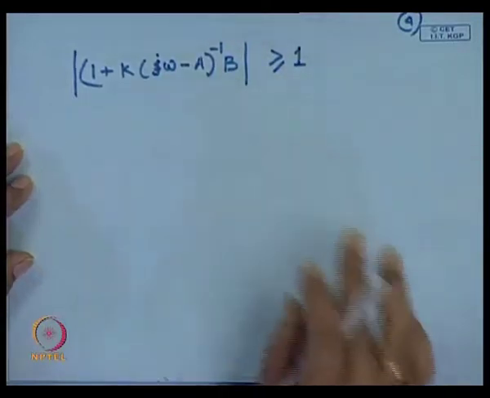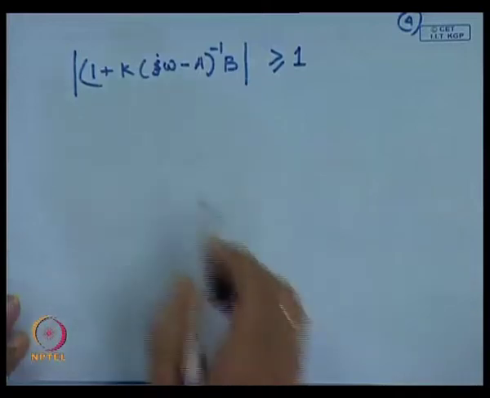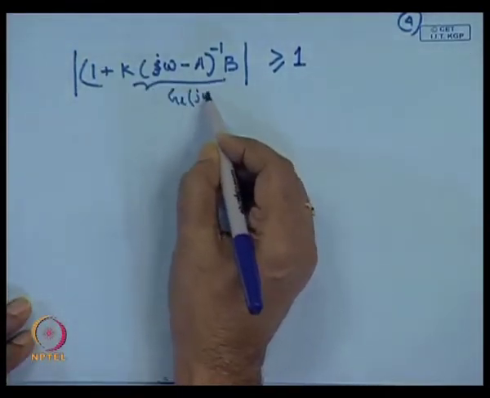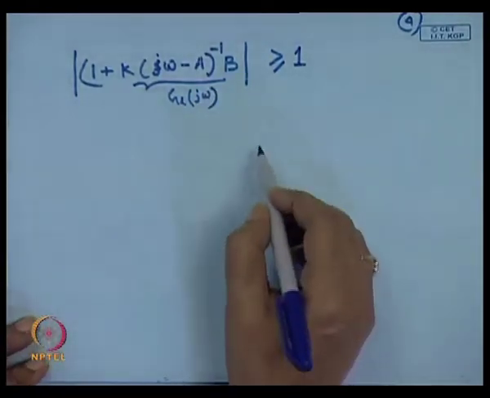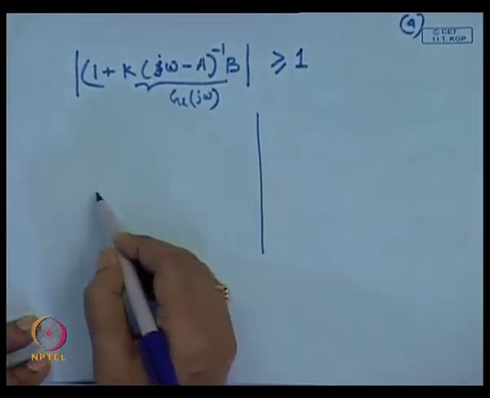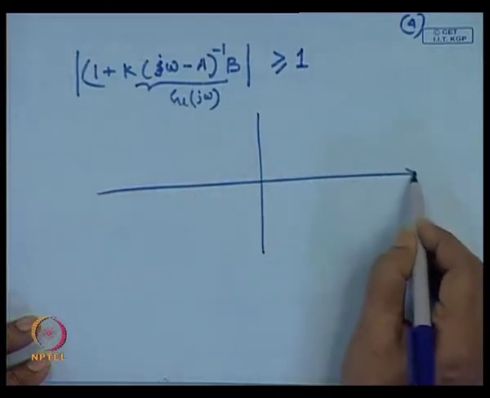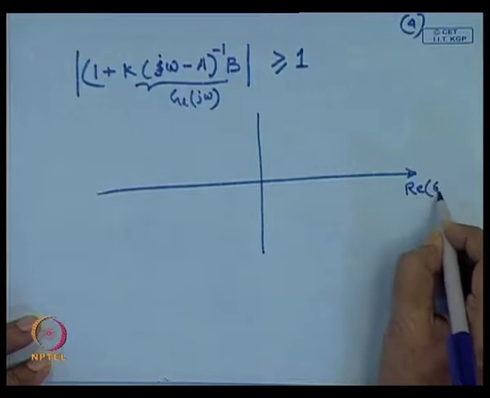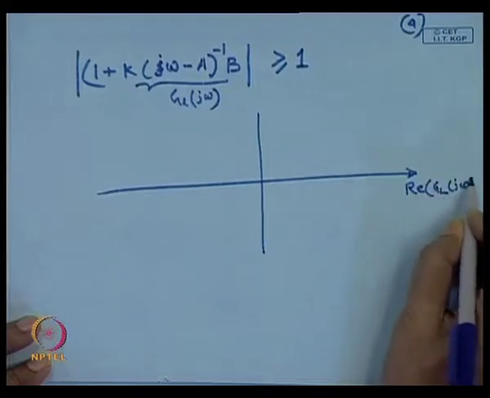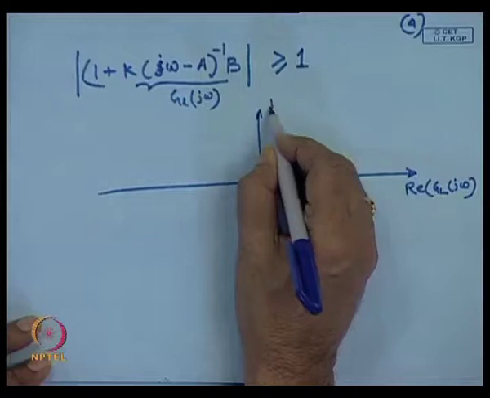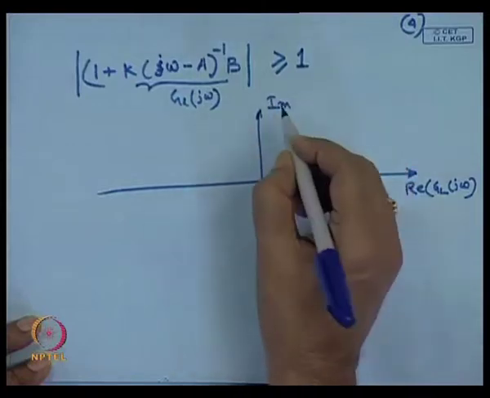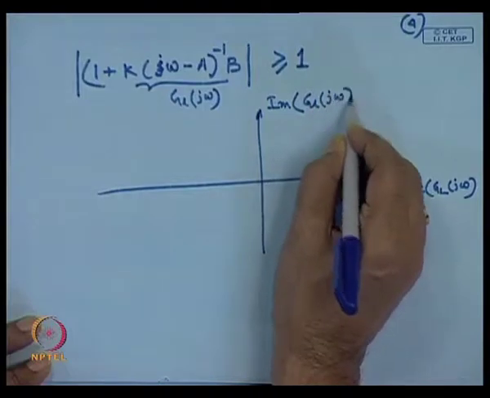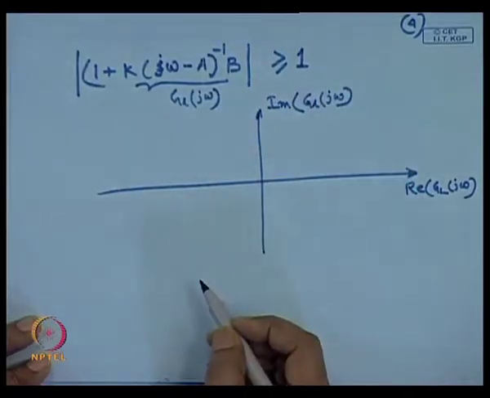Then what is its representation? It is nothing but the loop transfer function, that is G_L(jω). So, let us see its representation in polar plot form. I am plotting the real part of G_L(jω) on the x-axis and the imaginary part of G_L(jω) on the y-axis.